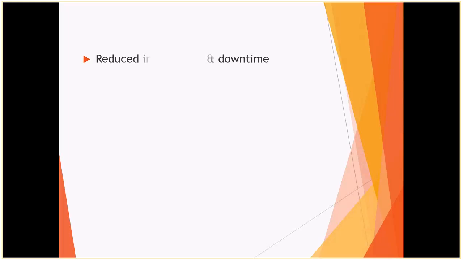Now, let's go ahead and talk about the first item on the list of benefits of network monitoring: reduced inefficiency and downtime. What this means is that there will be no more undetected system failures. And that means an increase in profits because it avoids any losses caused by undetected system failures.